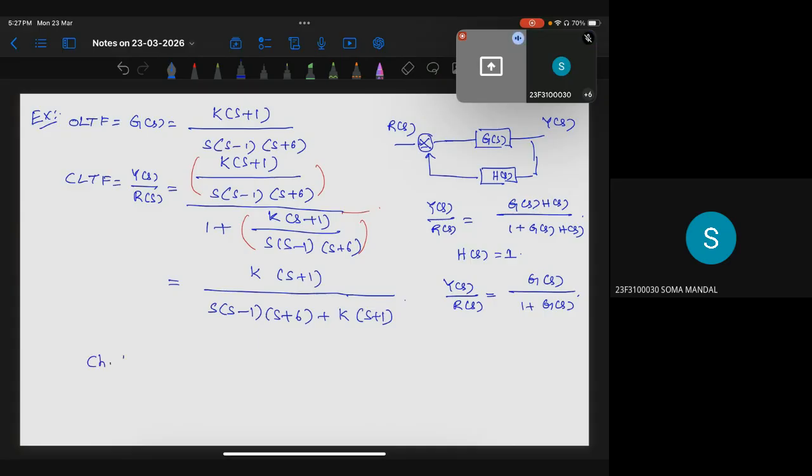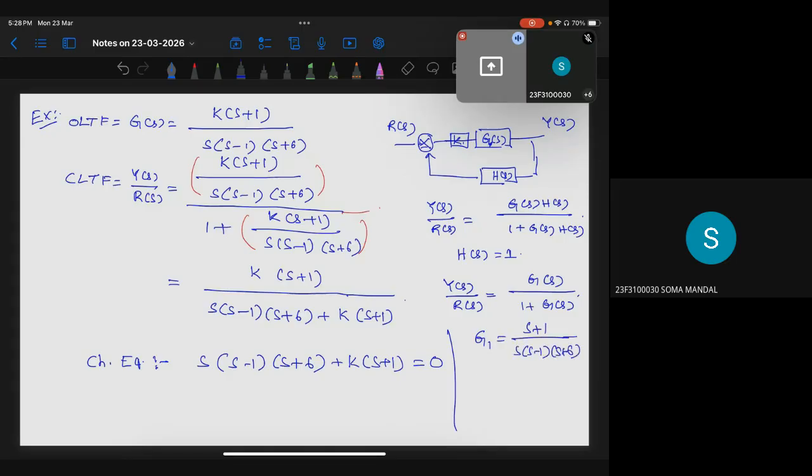What is my characteristic equation now? Tell me. The characteristic equation is nothing but s into (s minus 1)(s plus 6) plus K into (s plus 1) equal to 0. Yes or no? Okay. So now basically K here, I can put it like this and say that this is G1, where G1 is nothing but (s plus 1) by s into (s minus 1)(s plus 6).